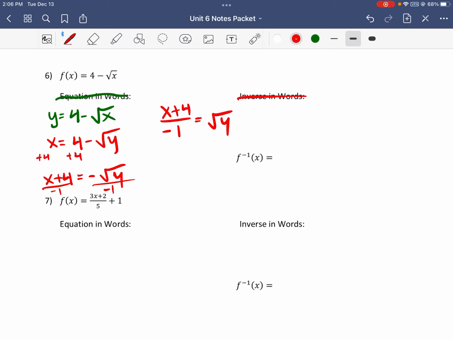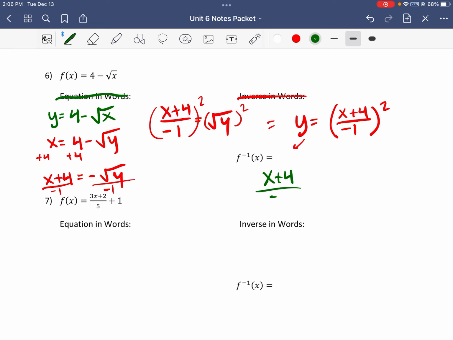And how do you get rid of a square root? We're going to square it. So this equals y, x plus 4 over negative 1 squared. And we'll replace y with f inverse of x to make this x plus 4 over negative 1 squared.